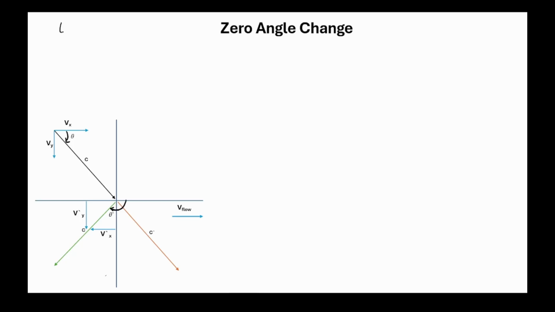So typically, tan of the angle is Vy prime over Vx prime. And if we're actually interested in the angle of deflection, we would be dealing with something like this.